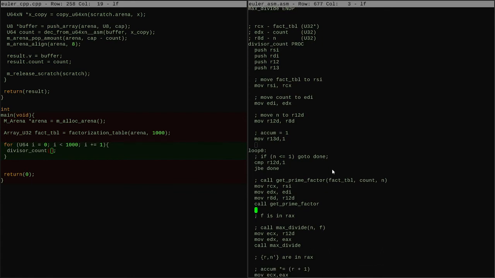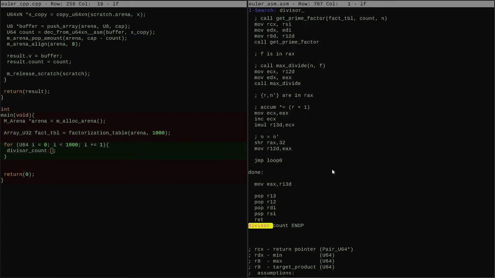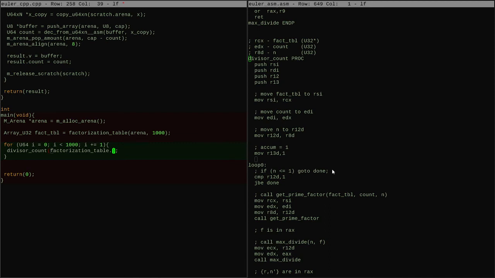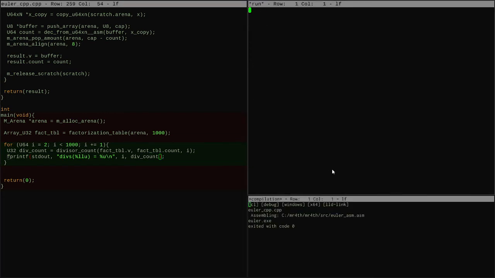Okay. Anyways, let's see. Divisor count. I think we were still testing that one. So fact table dot v, fact table dot count n. Start from 2. Div count equals. Let's see. Oh, is this function slow?